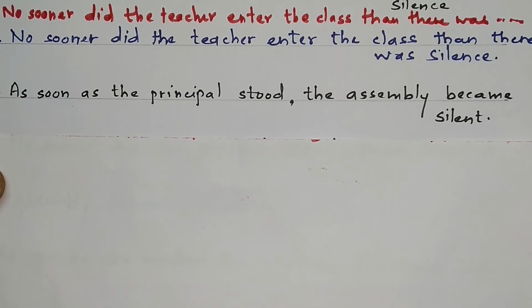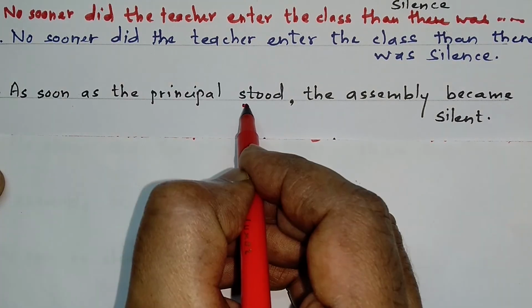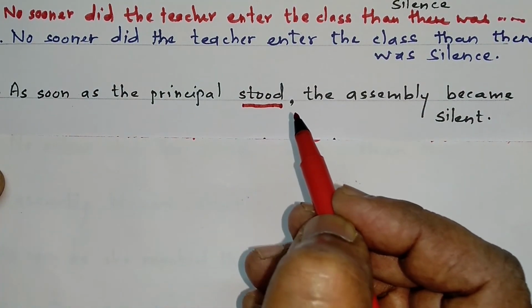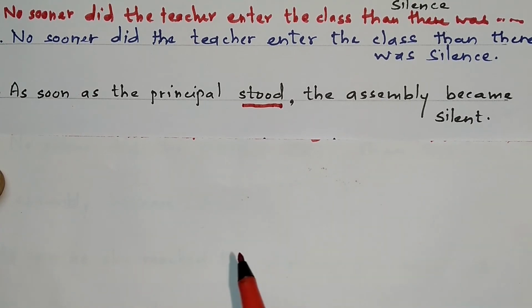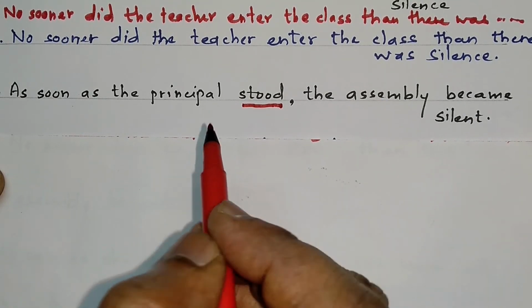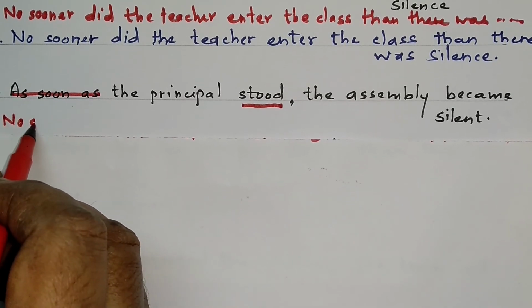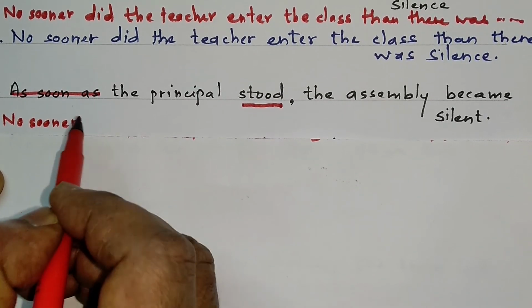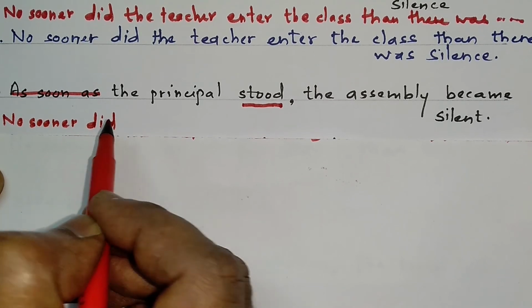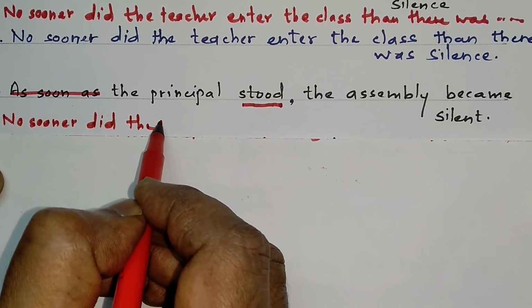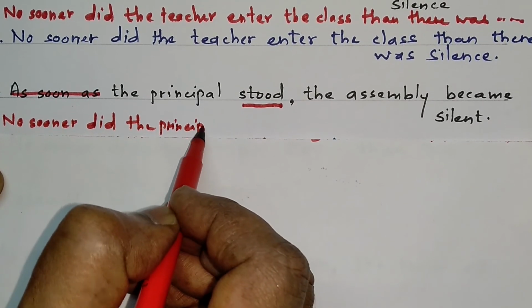As soon as the principal stood, the assembly became silent. See the verb stood. It means the sentence is in past tense. So we will assume did. Replace as soon as with no sooner. Use did, the helping verb, followed by the subject. The subject here is the principal.